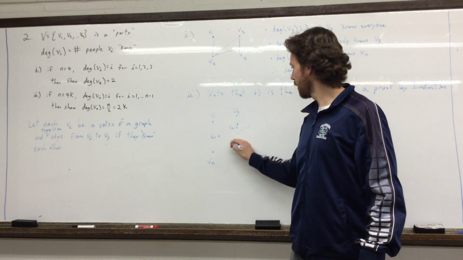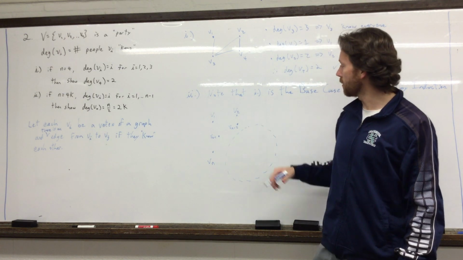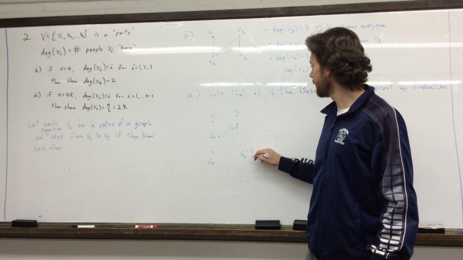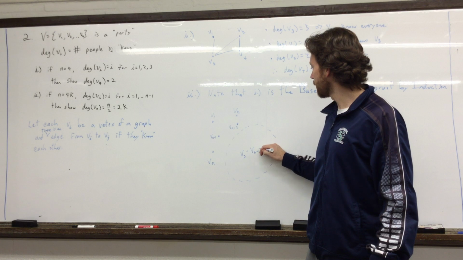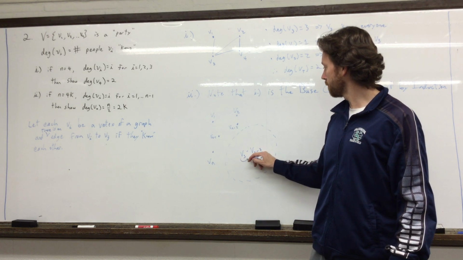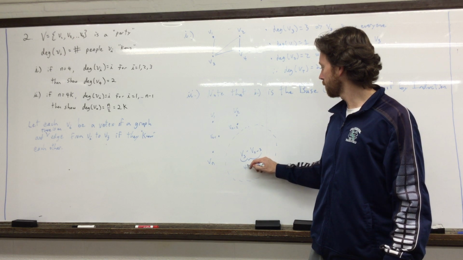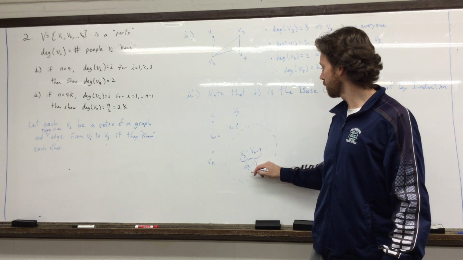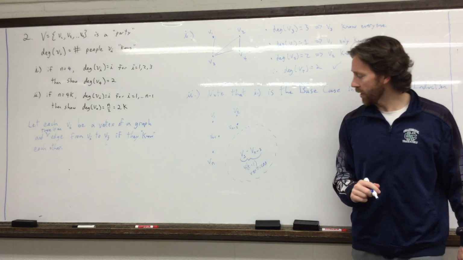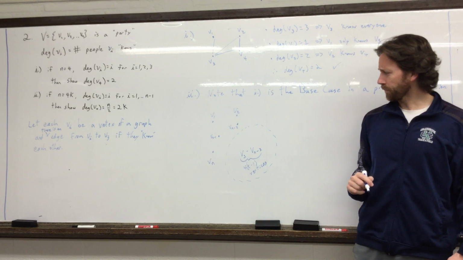And every other vertex in the graph I won't draw out exactly, but I'll put them here: V3 up to Vn-3. And I'll note that that's a total of 4k minus 1 vertices.